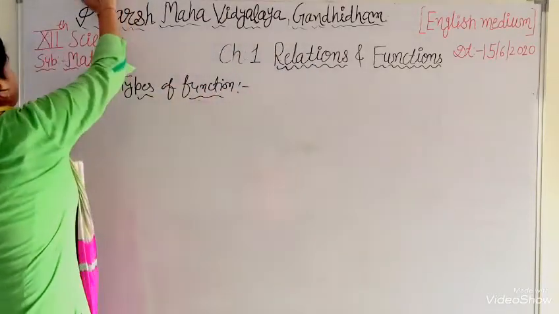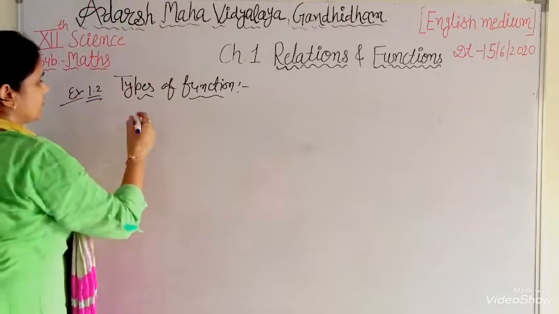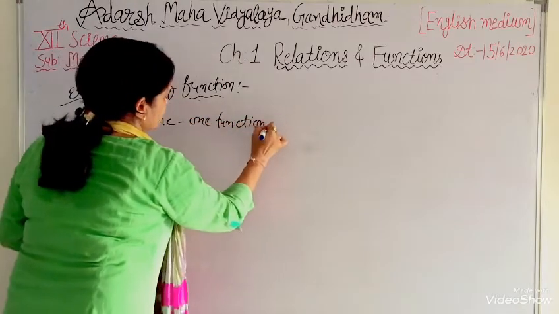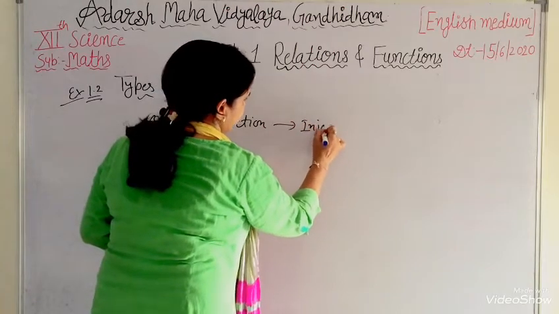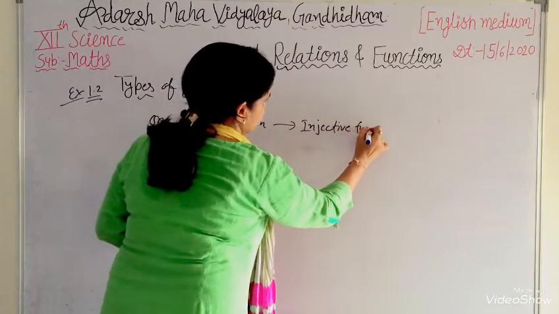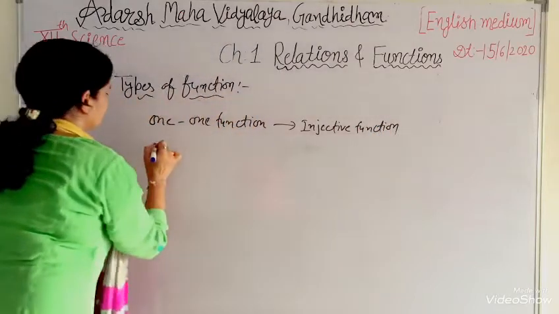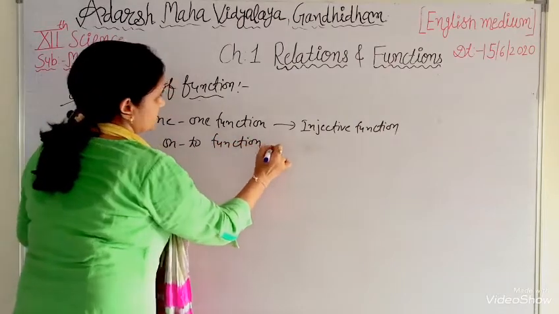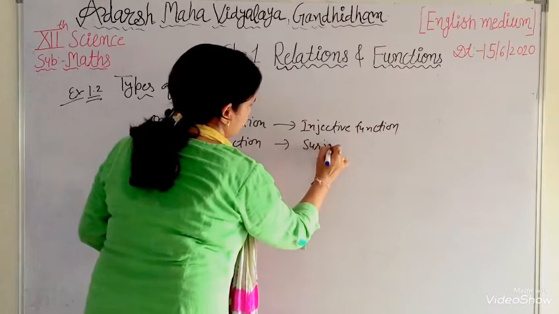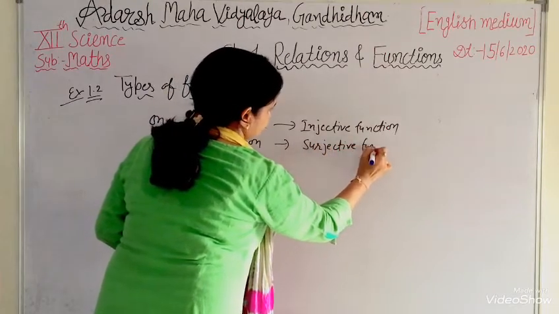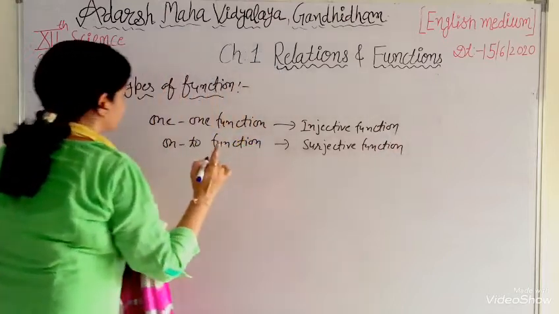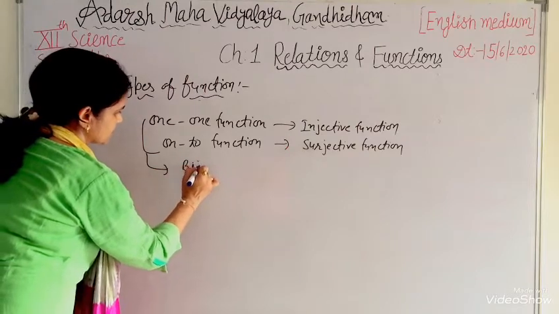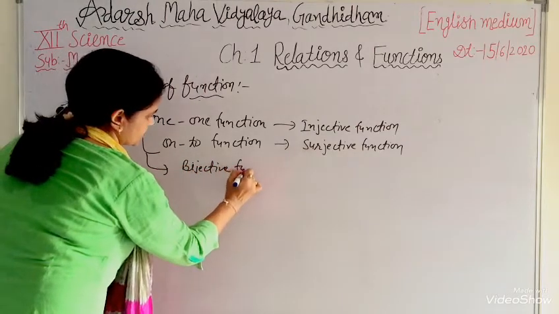Okay, you can write in your notebook that a 1, 1 function is known as injective function and onto function is known as surjective function. If a function is both 1, 1 and onto, then this function is known as a bijective function.